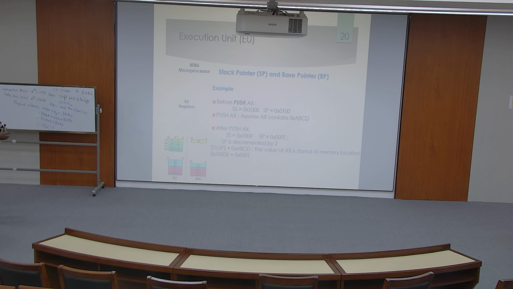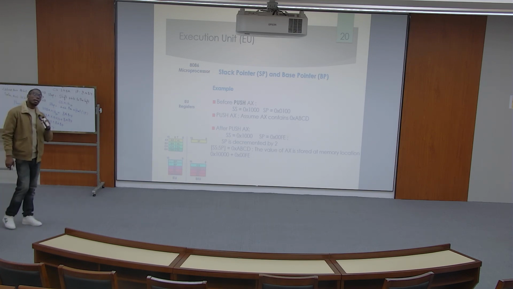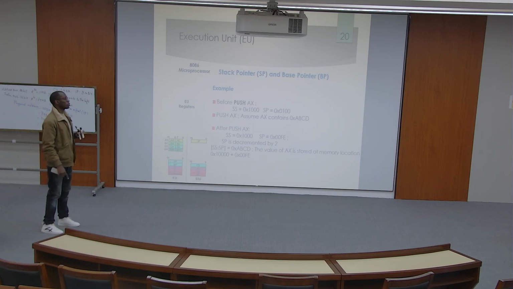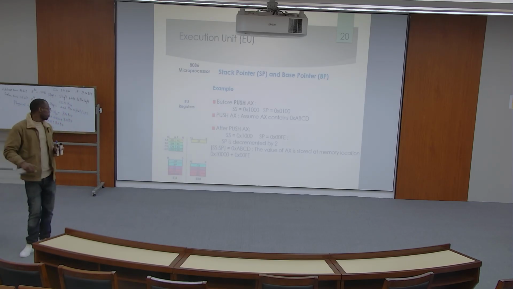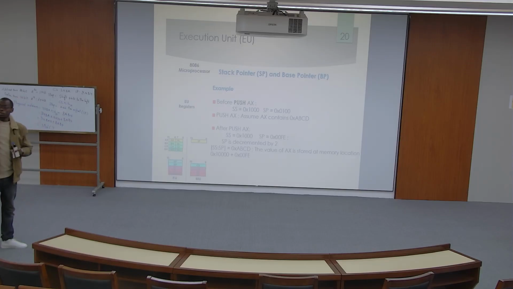Now we can find out the value of our accumulator register, which is stored at a specific memory location, which needs to be found by shifting the stack segment 4 bits to the left, plus the offset.